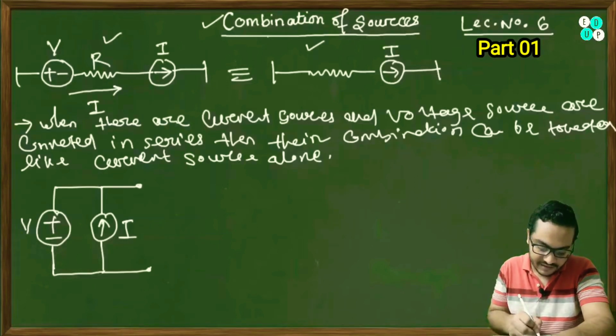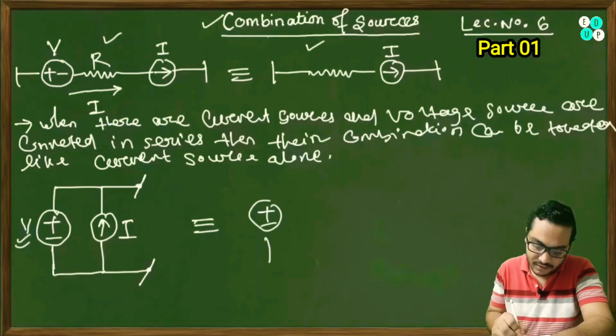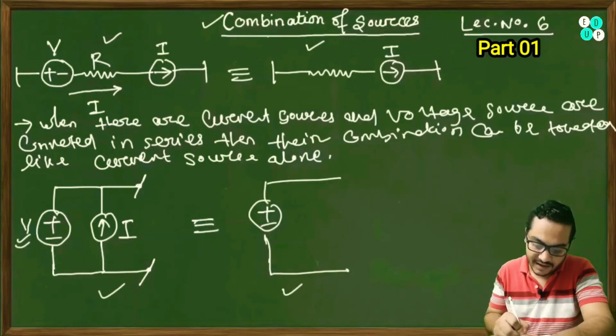So the voltage across these two terminals is V, that is, the voltage source magnitude. So this can be redrawn into the voltage source alone. Here the voltage is decided only by the voltage source; there is no significance of the current source, so we can neglect the current source for analyzing the network.